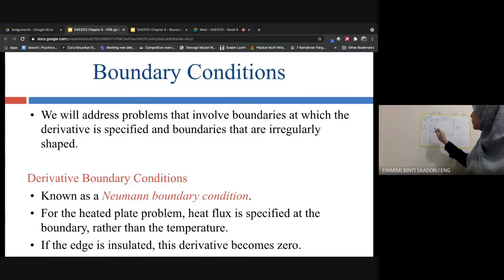There is no conduction between the two materials, so there is no heat flux and no heat transfer process. So this heat flux becomes zero. We know the boundary condition at these points is zero. That is what it means here: this derivative becomes zero.